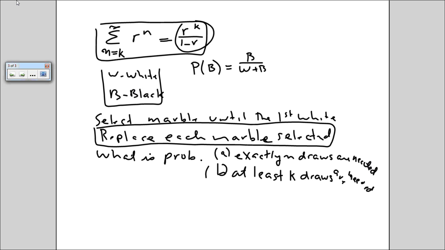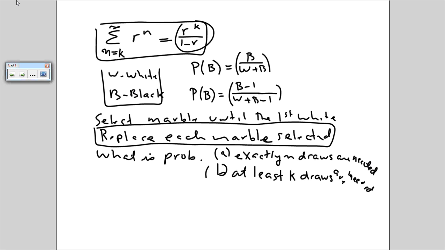Now, if you don't replace that marble, then what's the probability that the second one is a black marble? Well, there are no longer B black marbles. There's one less. And in total, there are no longer W plus B marbles, because we took away one. Notice these two probabilities are not equal. Why are they not equal? Because the trials were not independent. What happened after the first trial certainly affects what happened on the second trial.